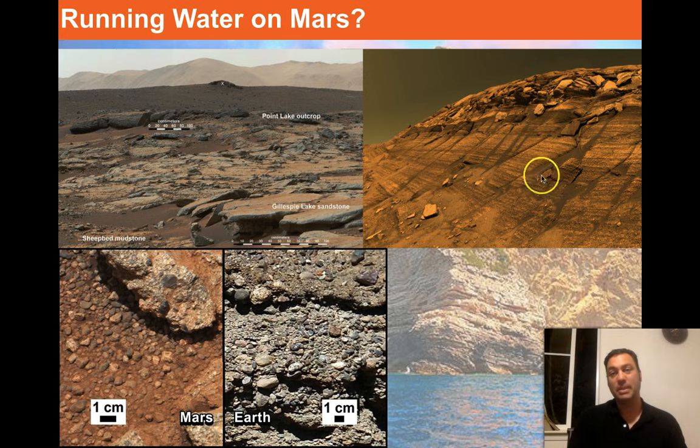This is cemented by water going through it and depositing chemicals that locked, or lithified, the entire rock together. So we've got evidence of surface water, we've got evidence of running water down here, and we even have evidence of groundwater on Mars. Pretty cool. This is an area of investigation that I think is going to be fruitful at some time in the future, because if there's water on Mars, it makes it much easier for human beings to go to Mars and explore it.